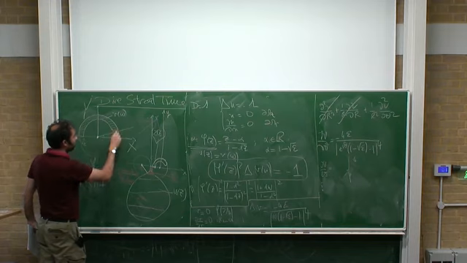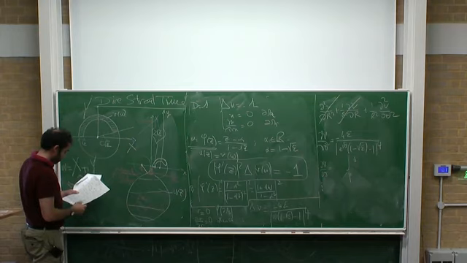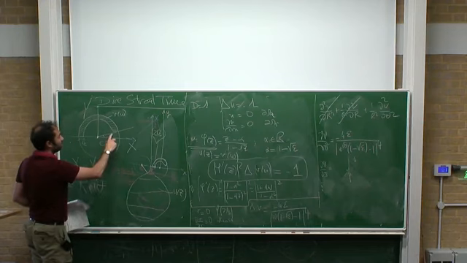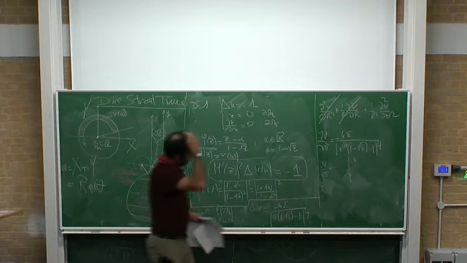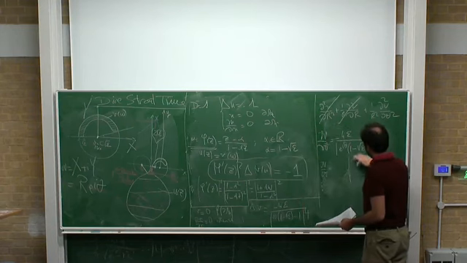It turned out that this angle is of the order of a constant times square root epsilon. This is the maximum angle that you can go, theta max. And so we integrate this.